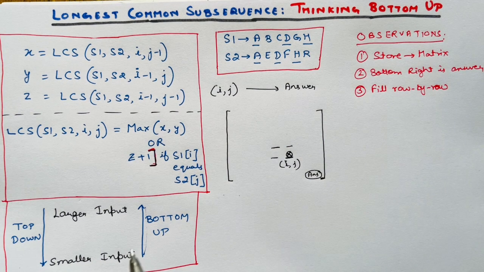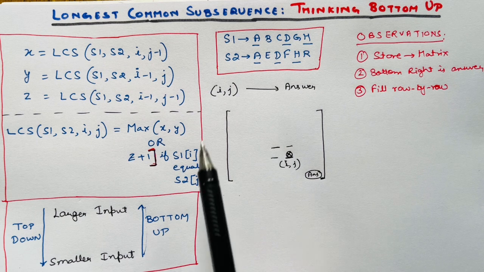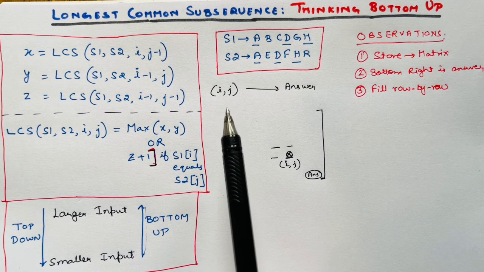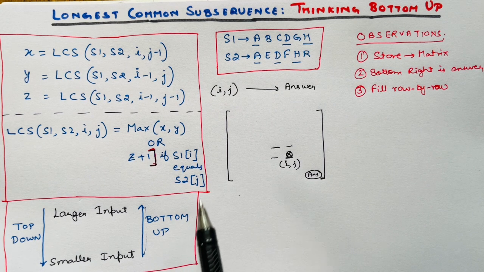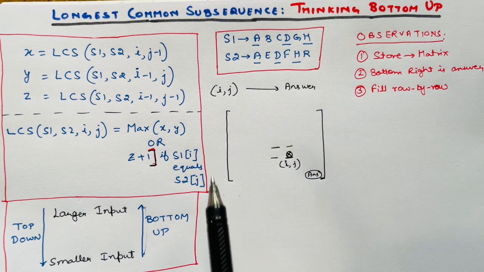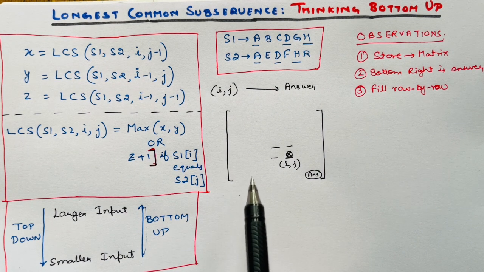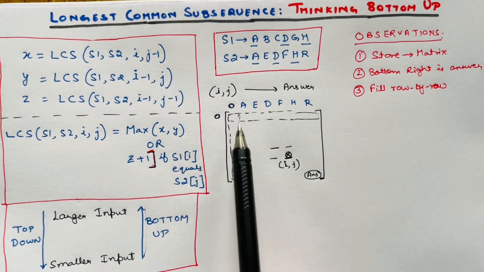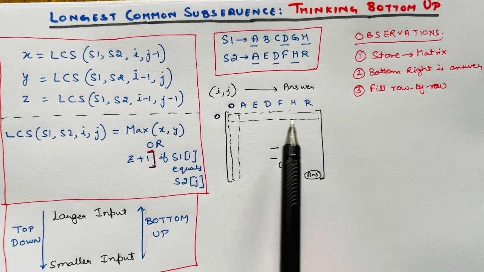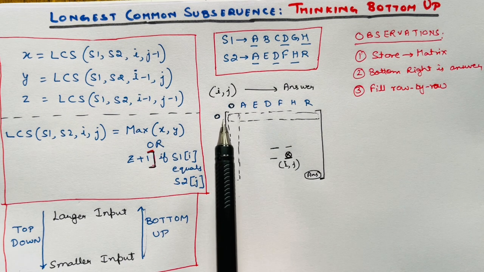To start filling the matrix, we will think about our base condition. What is our base condition? Our base condition is that the values of i and j are such that either S1 or S2 is empty. So what can I use in this matrix to denote either S1 or S2 being empty? I can denote them by the first row and first column. So let's understand this first row. This first row denotes that S1 is always empty.